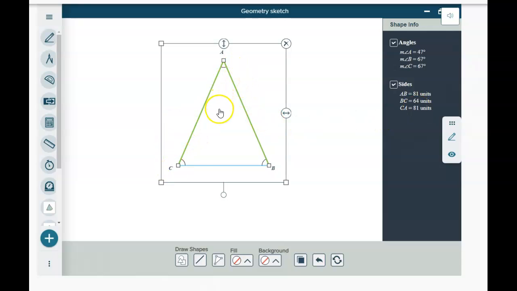So this is an isosceles triangle. You'll also notice that angle B and C are the same. Angle A is not. What this is telling me is that the side opposite of C and the side opposite of B are equal or congruent.